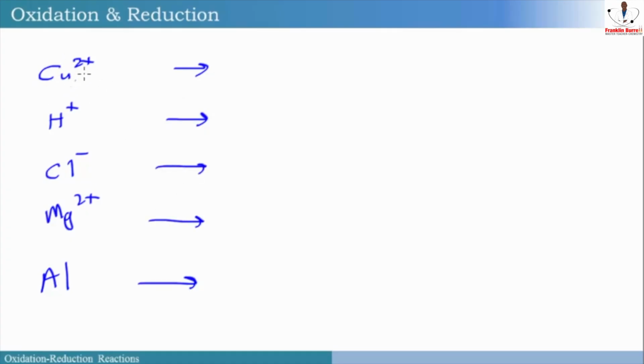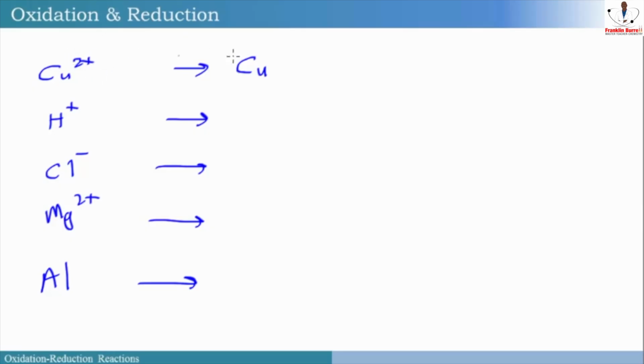Here we have copper 2 plus, and we want to form copper atom. Now to form copper atom from copper 2 plus ion, should we lose electrons or gain electrons? Now remember that this is simply saying that we have 2 more protons than electrons.